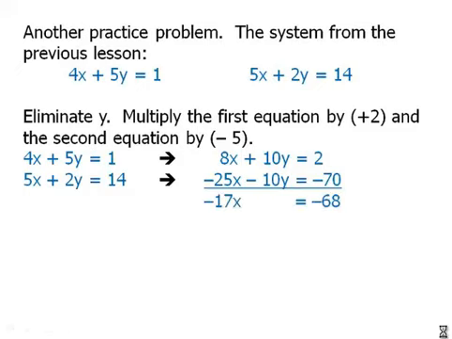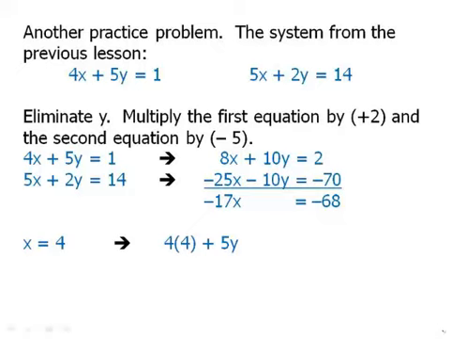Then I add the two equations. I get -17x equals -68. Well, here it's good to know that 68 is 17 times 4. So when we divide -68 by -17, we get +4. Now I can plug that into either equation.